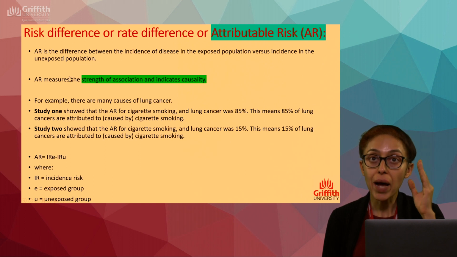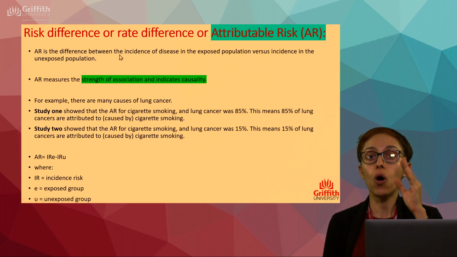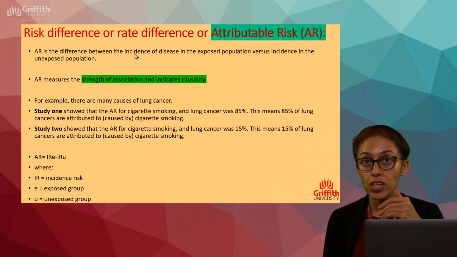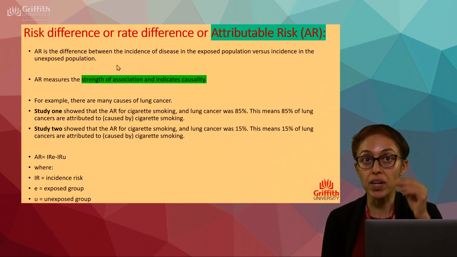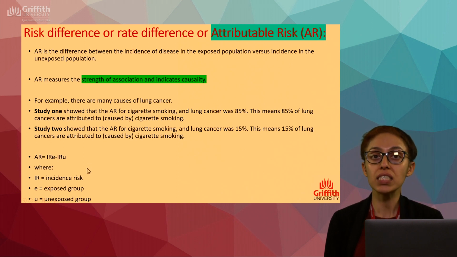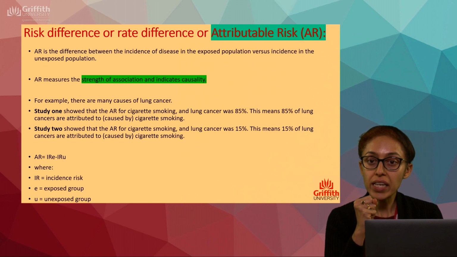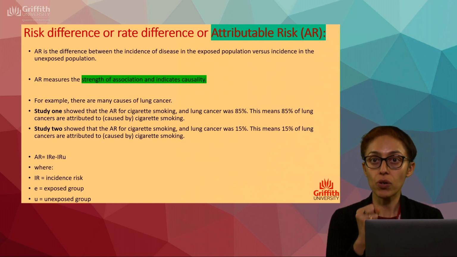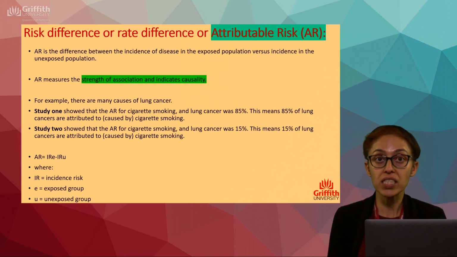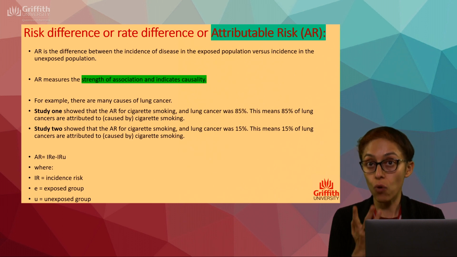So your attributable risk is the difference between your exposed population versus your unexposed population, okay. Then attributable risk gives you a strength of association, okay. It explains to you what is the strength of association, say between your IV and your DV. Is the strength of association good, bad, what is it?